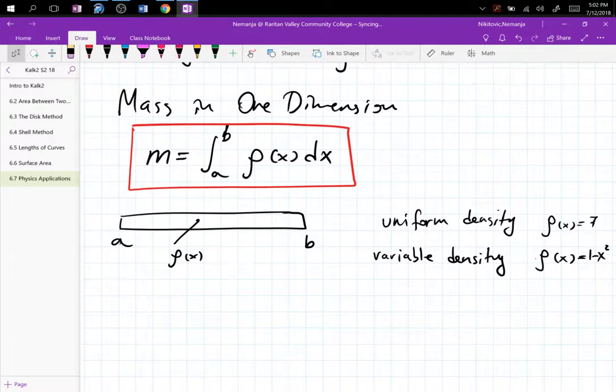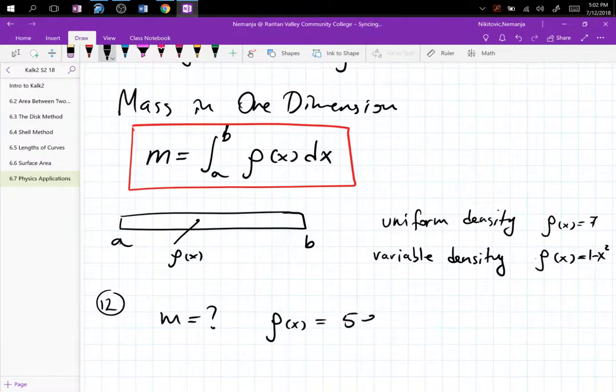So let's work on two examples here. Say we have problem 12. Want to calculate the mass given the density function of 5e to the negative 2x on the length 0 to 4.